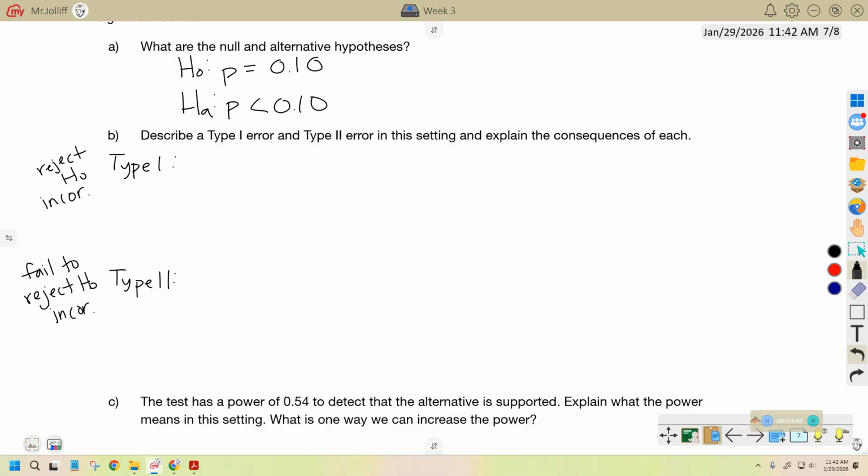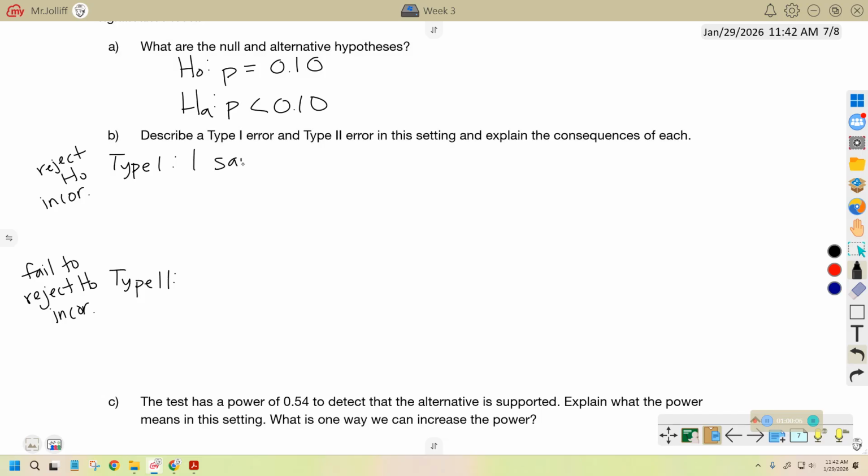So, first question is, what, as a statistician, am I saying if I reject the null? And the answer is, if I reject the null, I'm supporting the alternative, which says it's less than.